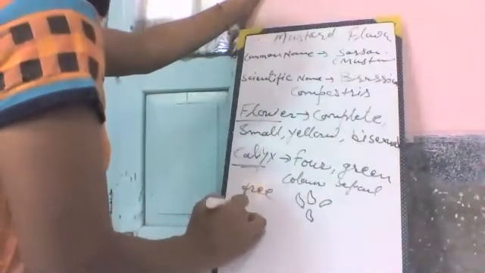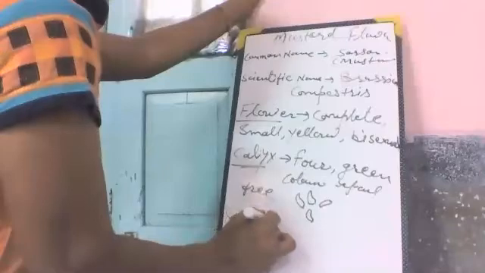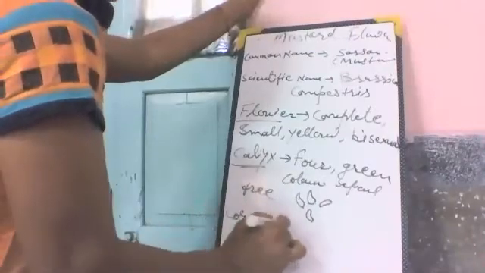Then corolla. Corolla has 4 yellow color petals and they are free.